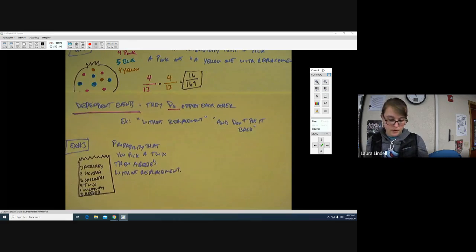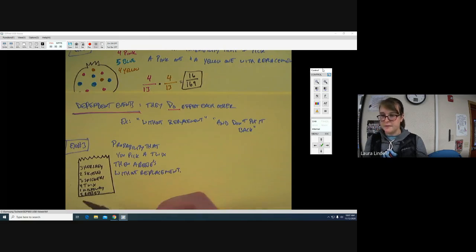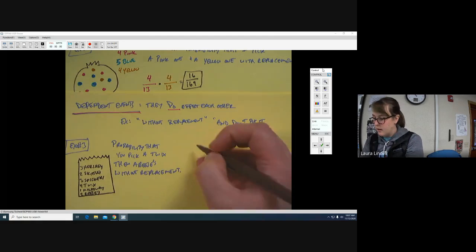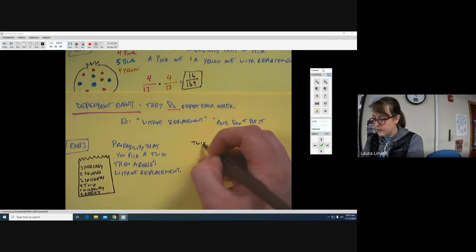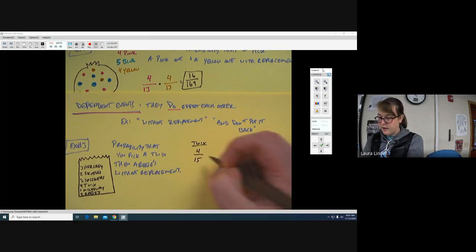Okay. Let's see. How many candy bars do I have here to start with? 5, 8, 12, 13, 14, 15 candy bars. So since there's 4 Twix out of 15 candy bars, my probability of picking a Twix would be 4 out of 15.